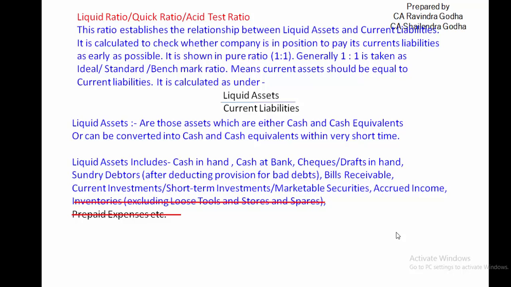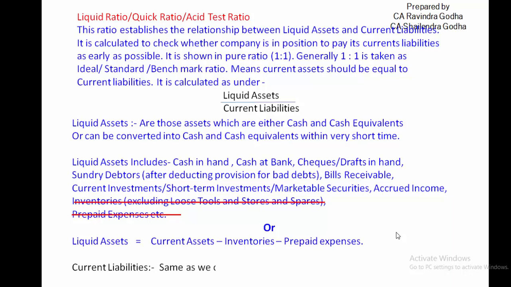One more formula: liquid assets equal current assets minus inventories minus prepaid expenses. Current liabilities are the same as we calculated in the current ratio.